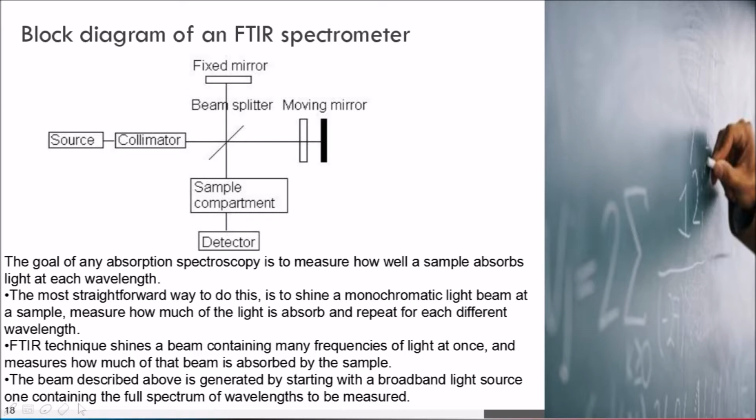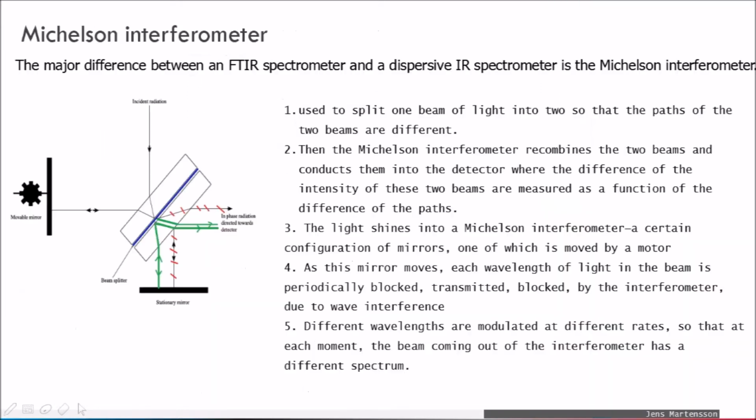The FTIR technique shines a beam containing many frequencies of light at once and measures how much of that beam is absorbed by the sample. The beam described above is generated by starting with a broadband source, one containing the full spectrum of wavelengths to be measured.